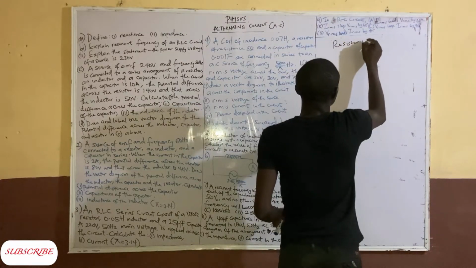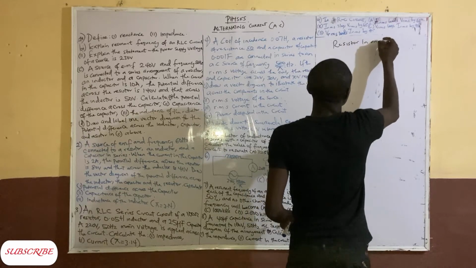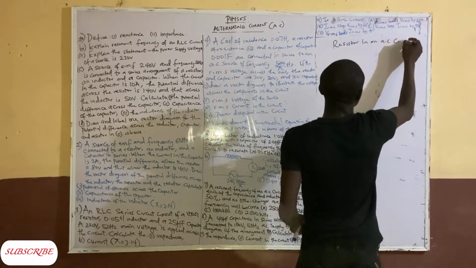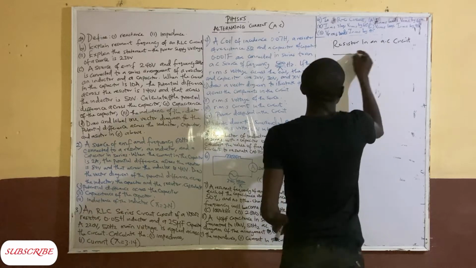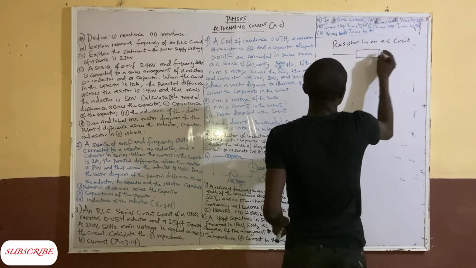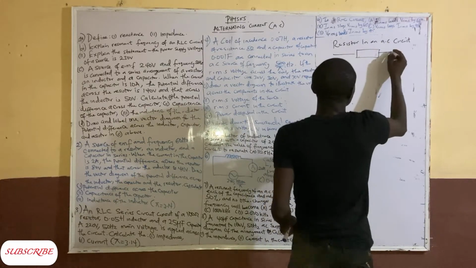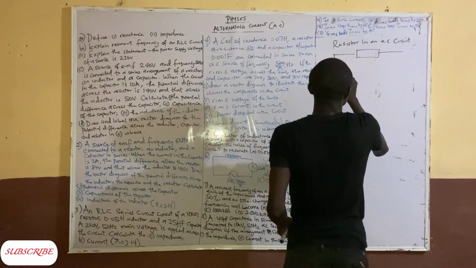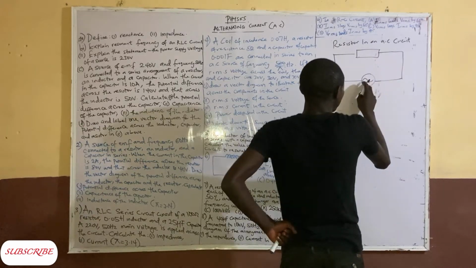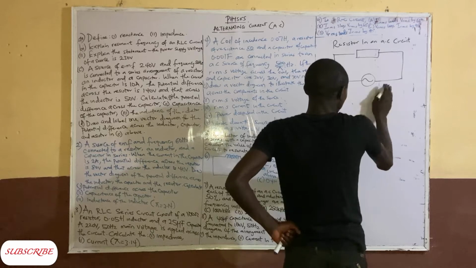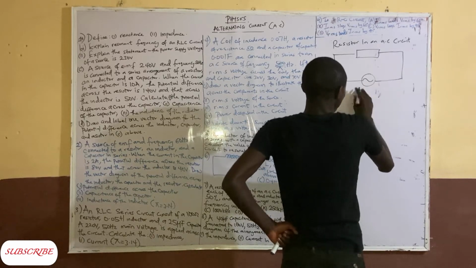Resistor in an AC circuit. Now, this is the symbol of a resistor, connected to an alternating EMF source. So we have our EMF here.